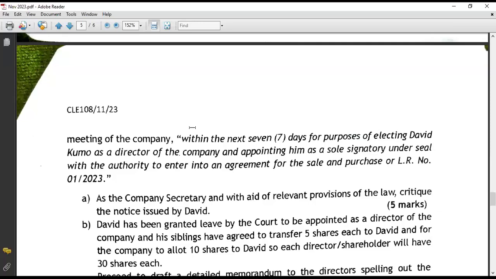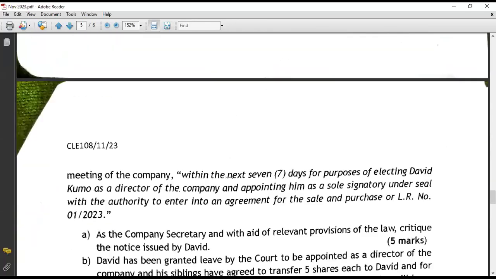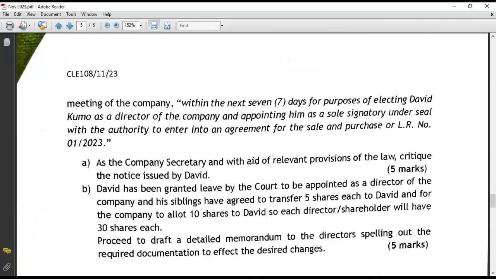The annual general meeting notice. So you need to have the knowledge on that. So now, as a company secretary with the relevant provision of the law, critique the notice issued by David. So you can now answer the question with those two things in mind.